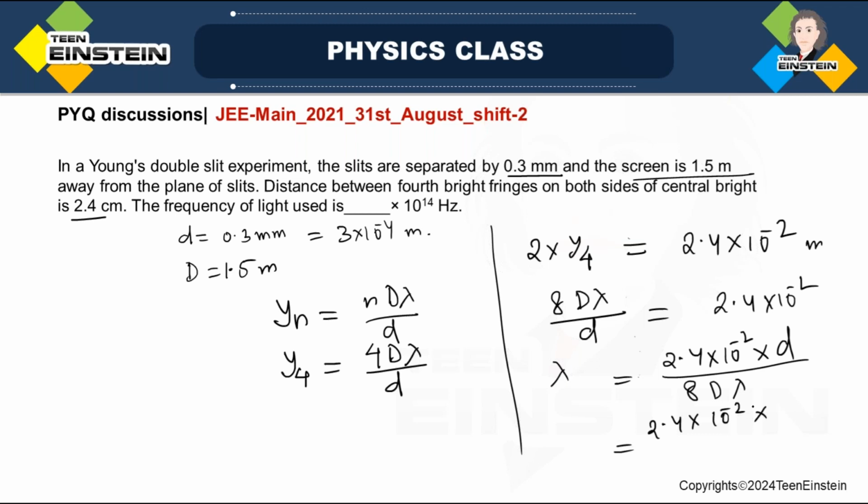What is d? Small d is actually 3 into 10 to the power minus 4 meter divided by 8. Sorry, this lambda I have to calculate. D is 1.5.